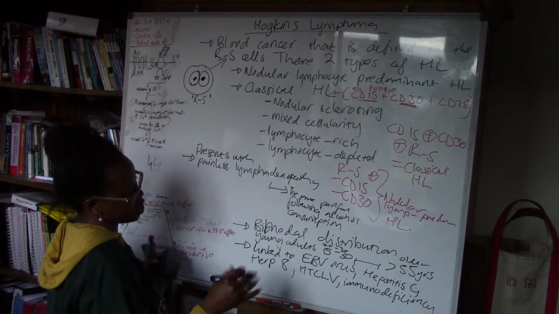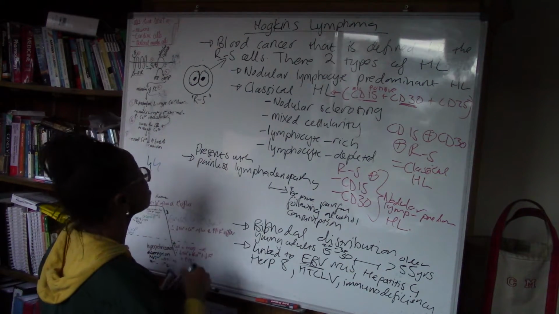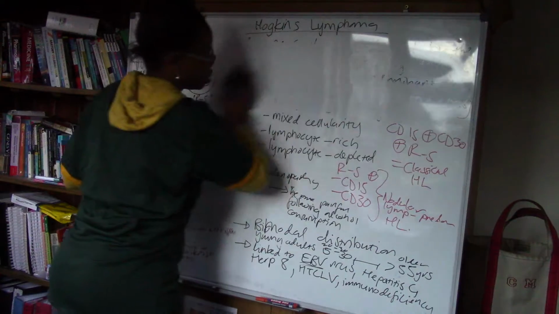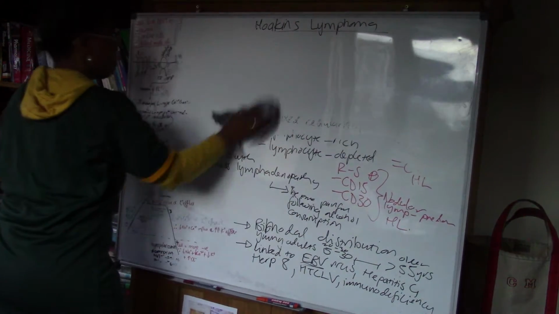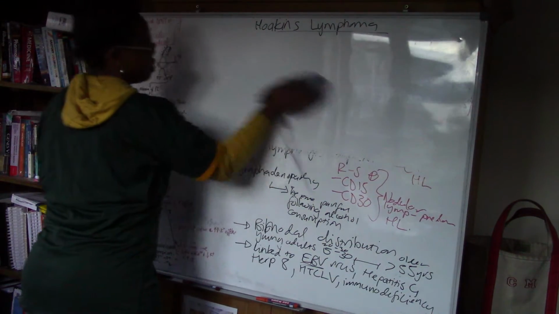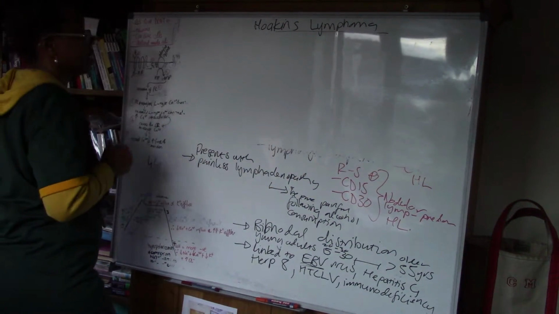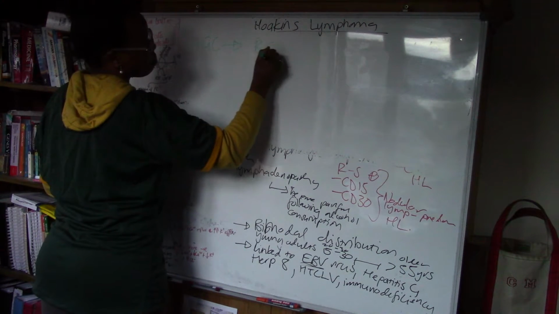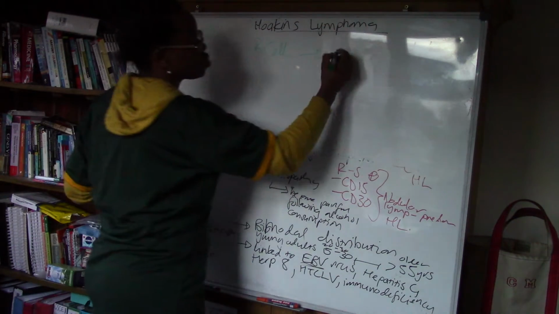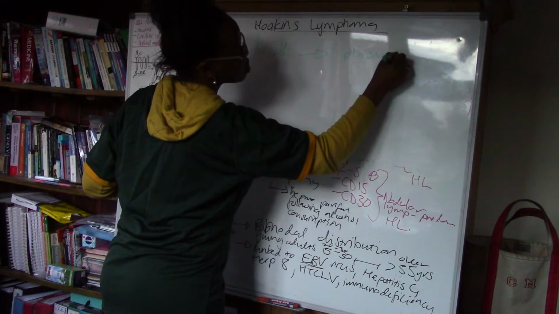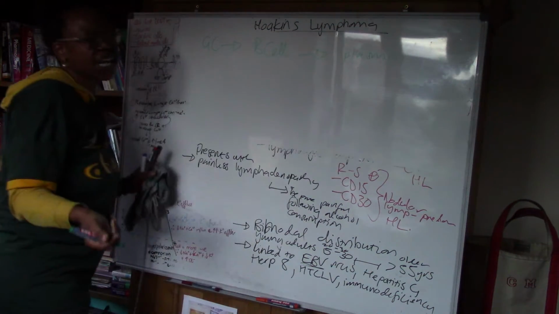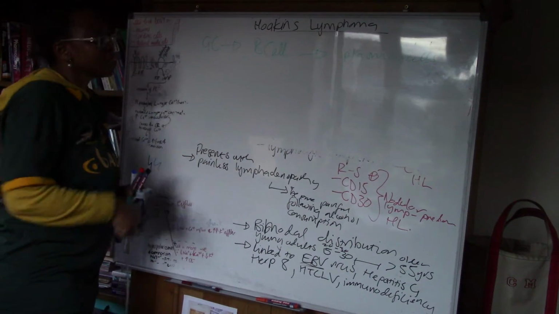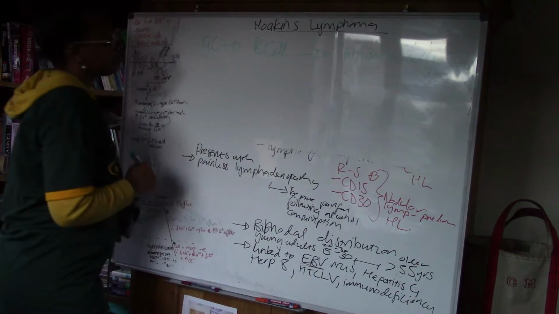So it is thought that there is a transformation. If we remember from the previous lecture, I talked about the germinal center, where naive B cells mature into antibody-secreting plasma cells, which is really their natural life.